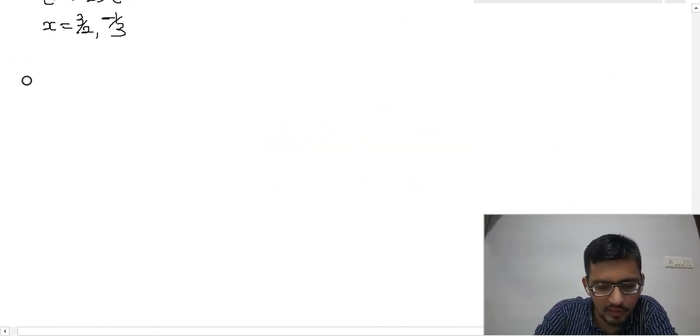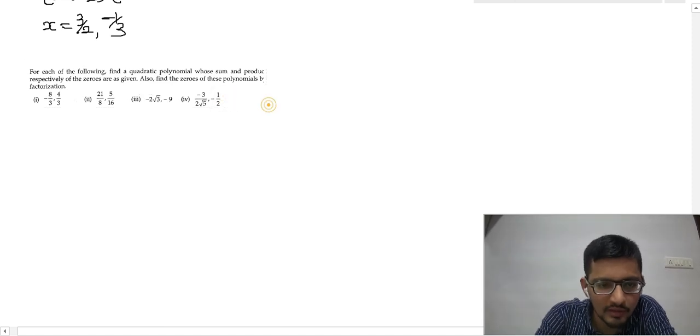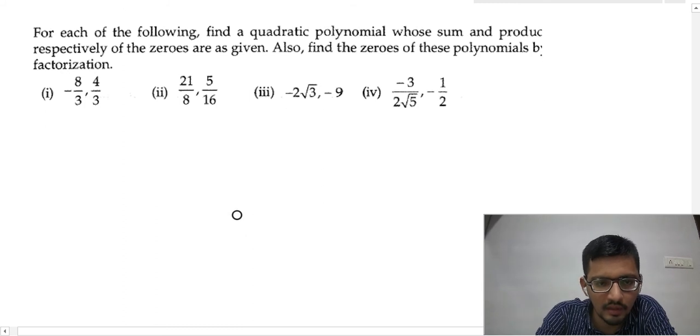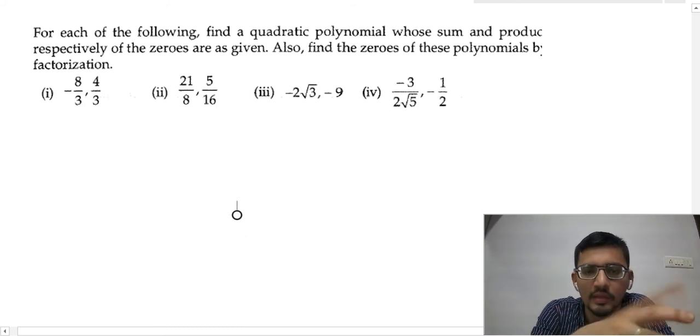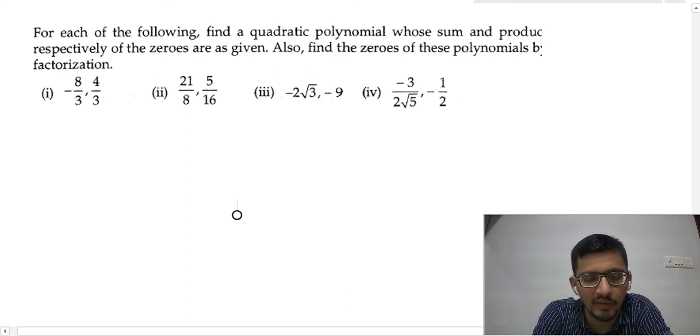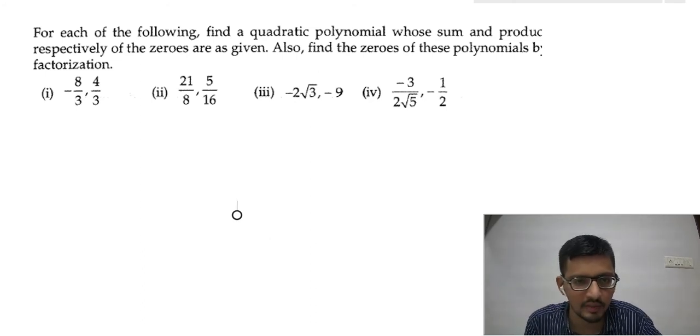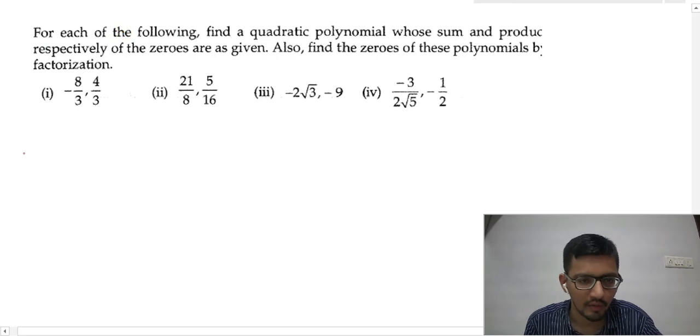Next type of question. Next type of question is what? For each of the following, find the quadratic polynomial whose sum and product of the zeros are given, and also find the zeros of this polynomial by factorization method. The first part, what they are asking: sum and product is given, and from this we need to first form the polynomial. First of all, which formula will we be using here?